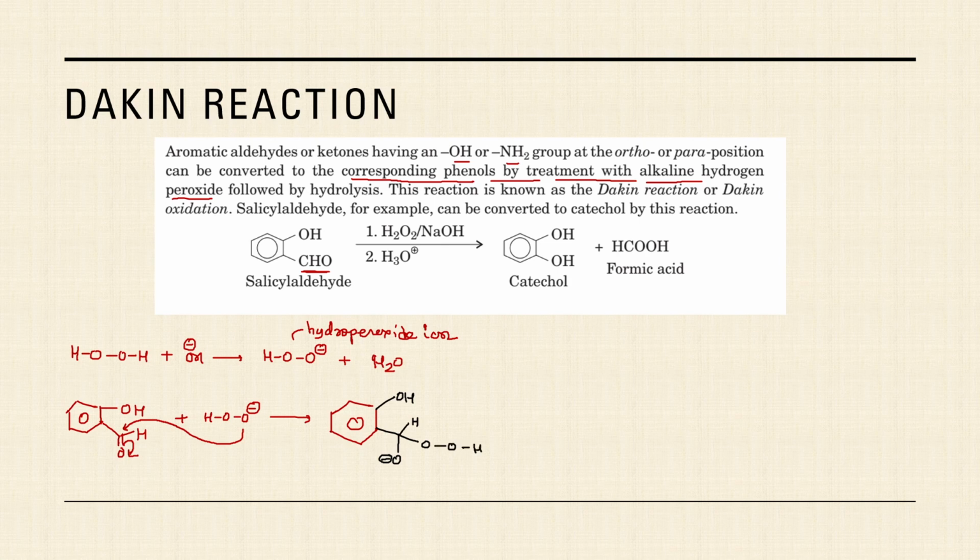आपको ये मिल जाता है. ओके, अब यहां पे क्या होता है कि this O minus, please look very carefully, this O minus shifts its electrons over here. This whole group migrates to oxygen and this one goes out.